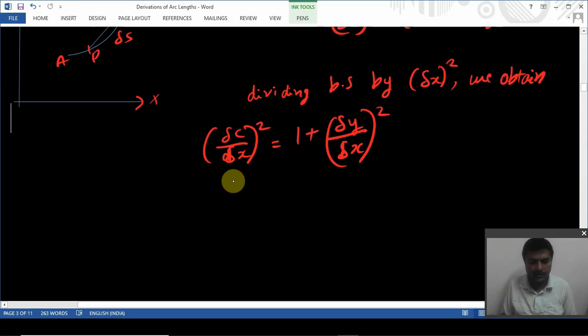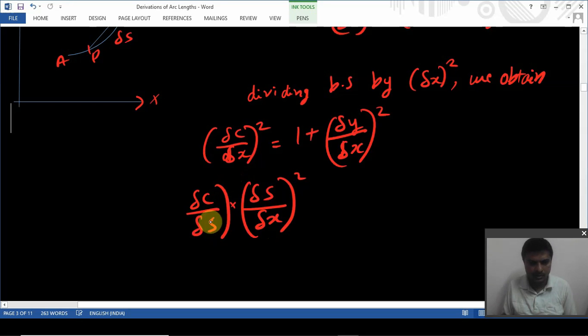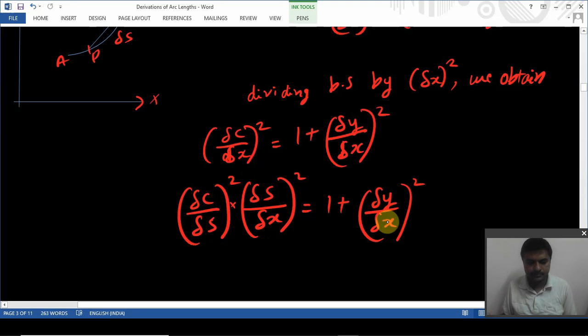If you further simplify this, I will make a modification here. I will multiply and divide by delta s so that I get the arc length. So I take delta c divided by delta s, multiplied and divided by delta s, and because the square is there, this will also be squared, which is equal to 1 plus delta y upon delta x the whole square.